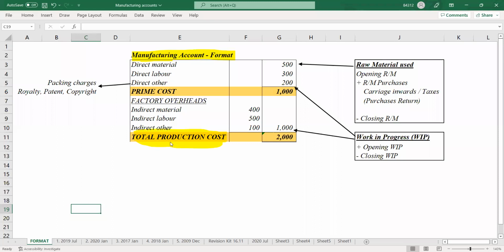We prepare manufacturing accounts for companies and businesses which have a manufacturing process. So in a manufacturing business, one of the main objectives of an accountant is to calculate the total cost of production. When it comes to the total cost of production, there are mainly three types of cost.